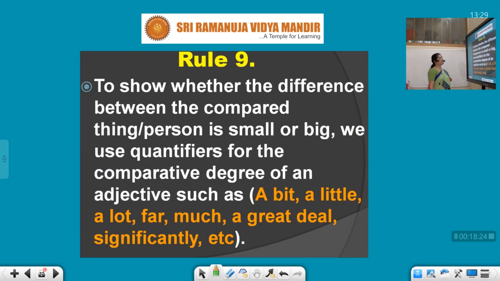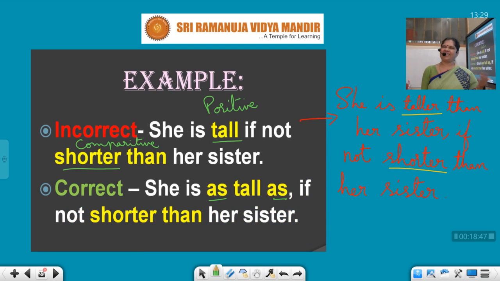Coming to 9th rule: to show whether the difference between the compared things or persons is small or big, we use quantifiers with the comparative degree of an adjective. Now just now I was telling you, she may be as tall as or maybe shorter. Instead of saying that, I can say she's almost as tall as, or she's slightly shorter than.